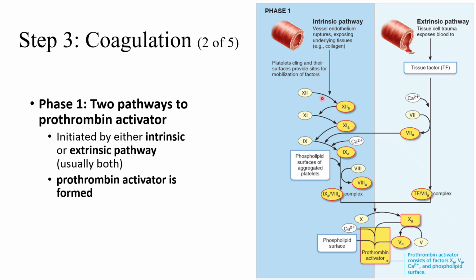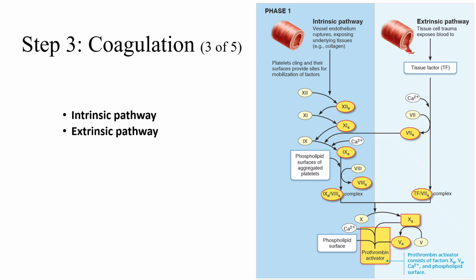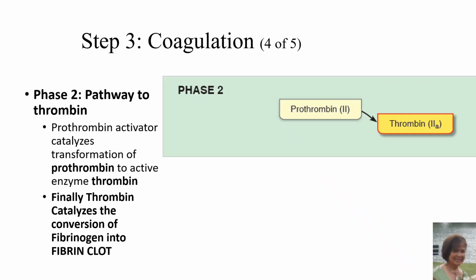Whichever way, this one is longer and this one is shorter, whichever way it will go, inside the blood or in the tissues, both of them will result in the production of prothrombin activator. Once you have the prothrombin activator, this pathway will now be stimulating the conversion of prothrombin.